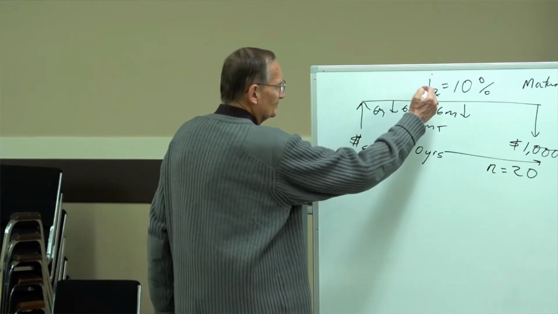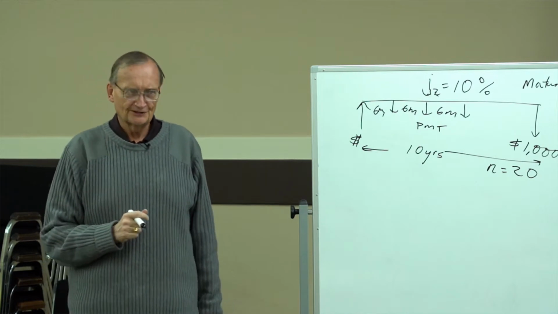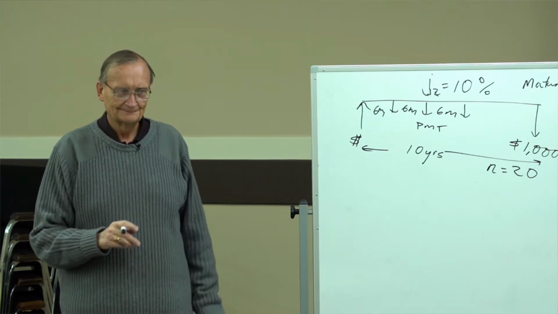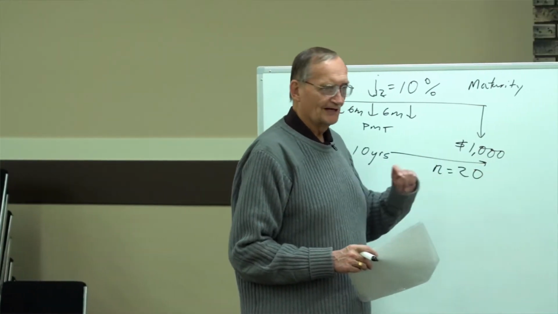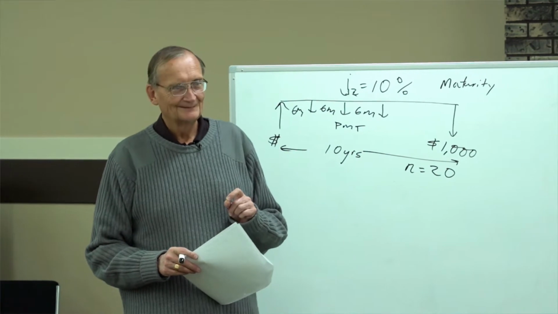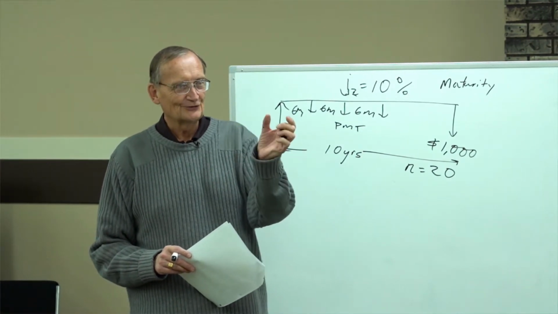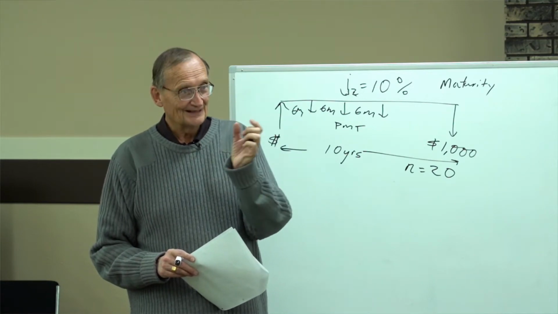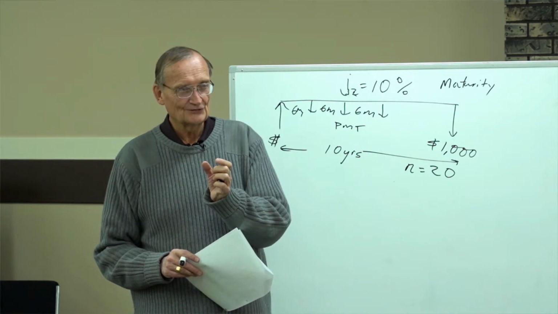If it's at 10%, how much do they have to pay you back in a year in terms of interest? 10% times 1,000 is what? Is $100. But instead of 100 once a year, they pay you 50 every 6 months. Would that make sense to you?